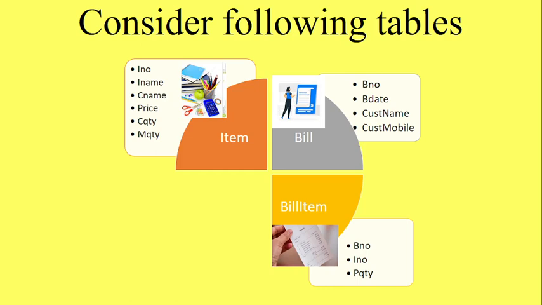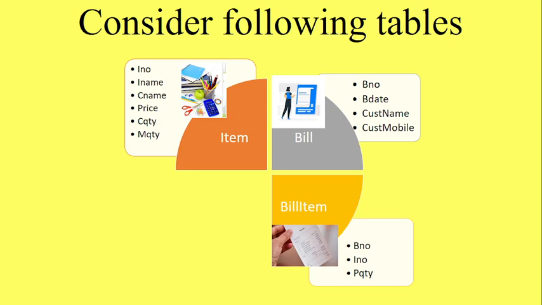Item table contains item number, item name, company name, price, current quantity, and minimum quantity. In bill table, consider attributes as bill number, bill date, customer name, and customer mobile number. And in bill item table, you consider bill number, item number, and purchase quantity. You create these three tables with these attributes and insert some data.